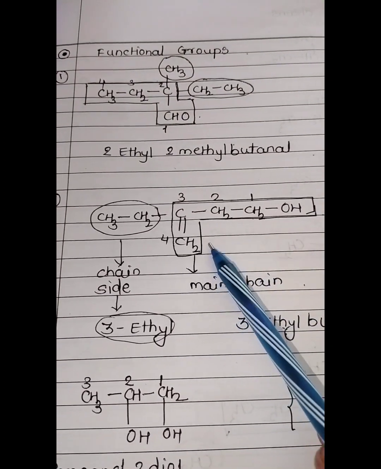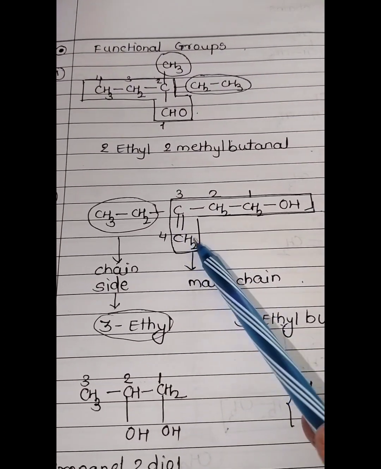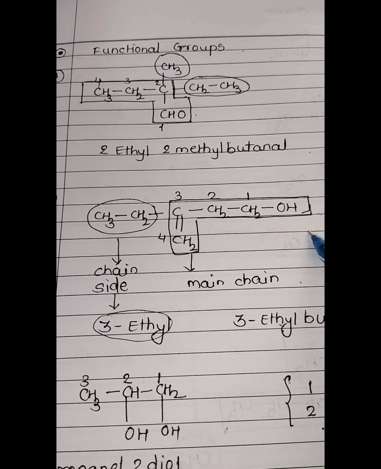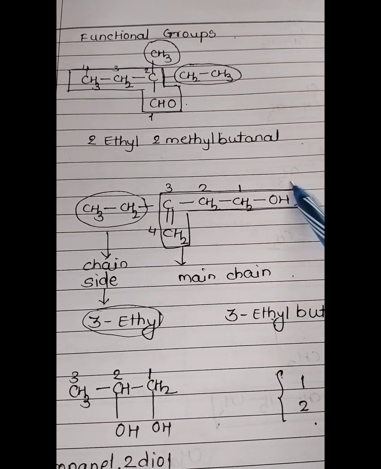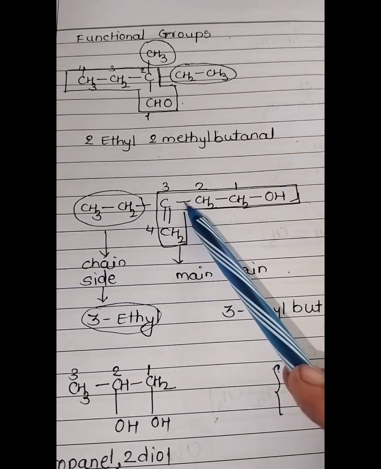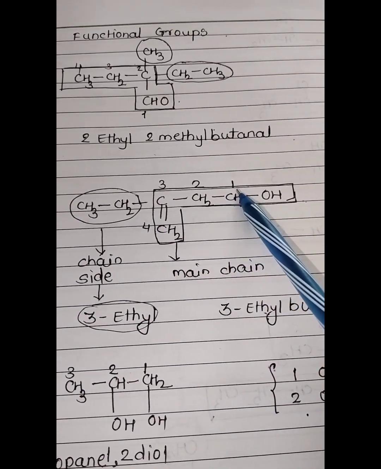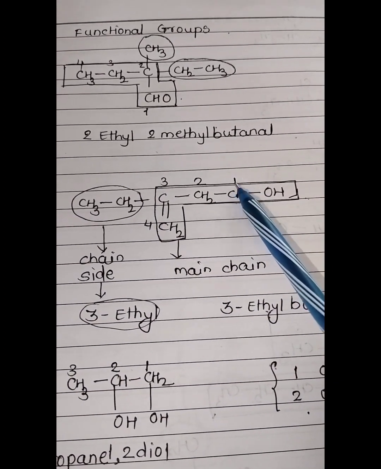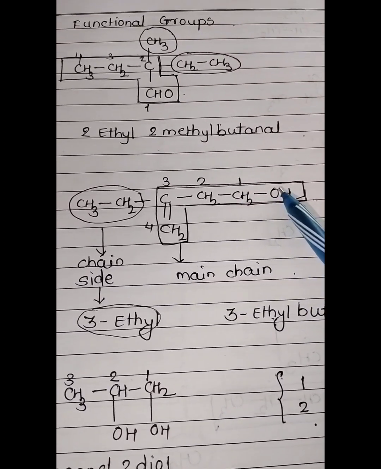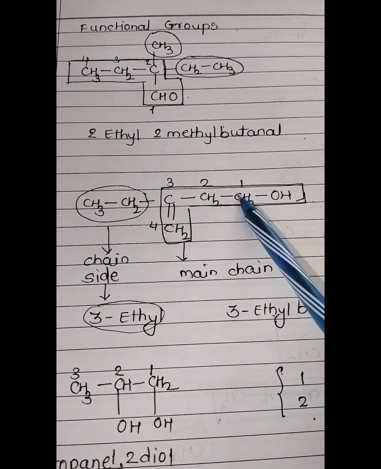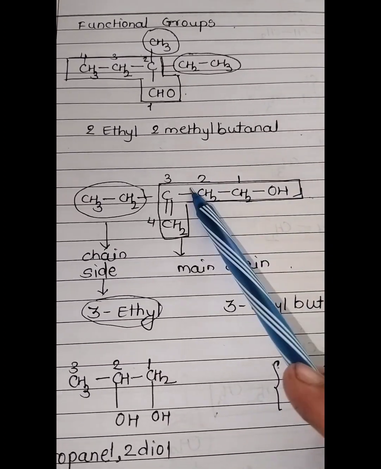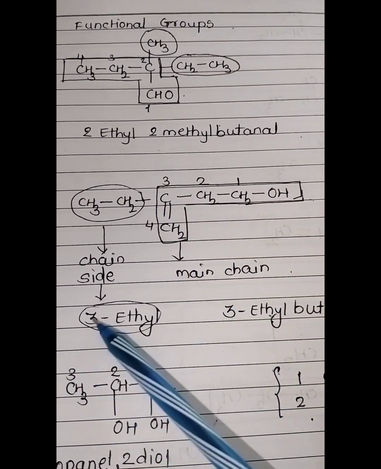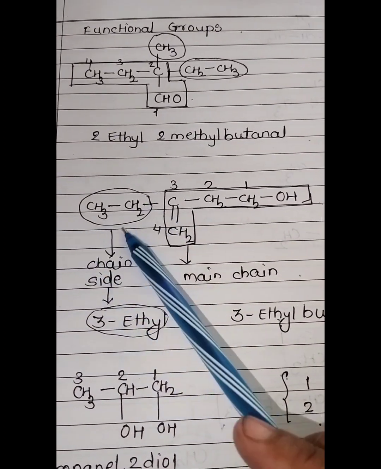In the second example, a double bond is also present and an alcohol functional group is present, so we select this as the main chain or parent chain. Then for numbering, the functional group gets the lowest locant, so the alcohol gets the lowest locant number, so 1 2 3. Then we name the side chain.